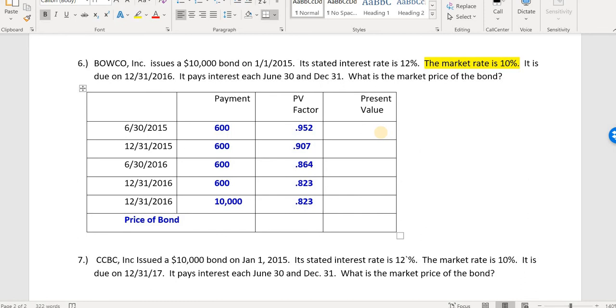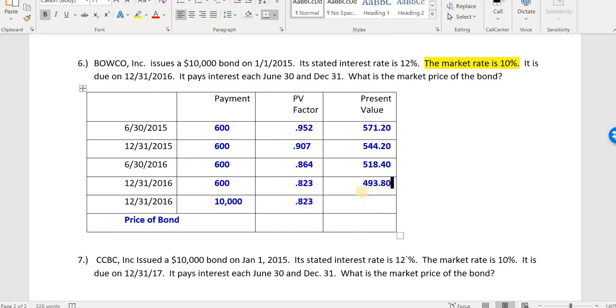0.952 times 600 is 571.20. 600 times 0.907 is 544.20. 600 times 0.864 is 518.40. 600 times 0.823 is 493.80.